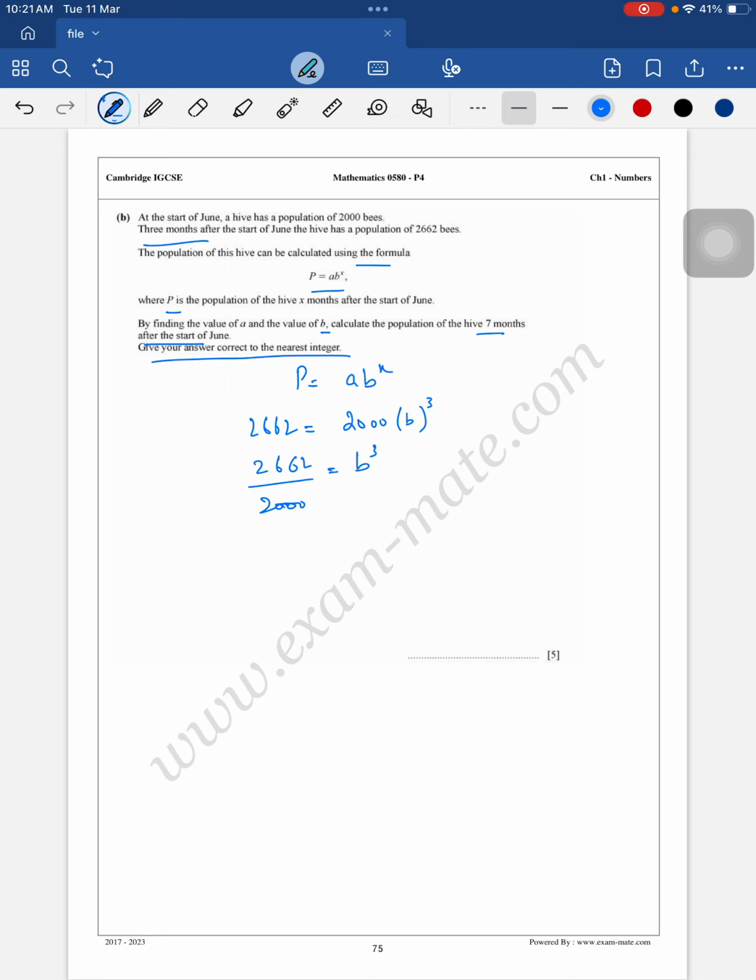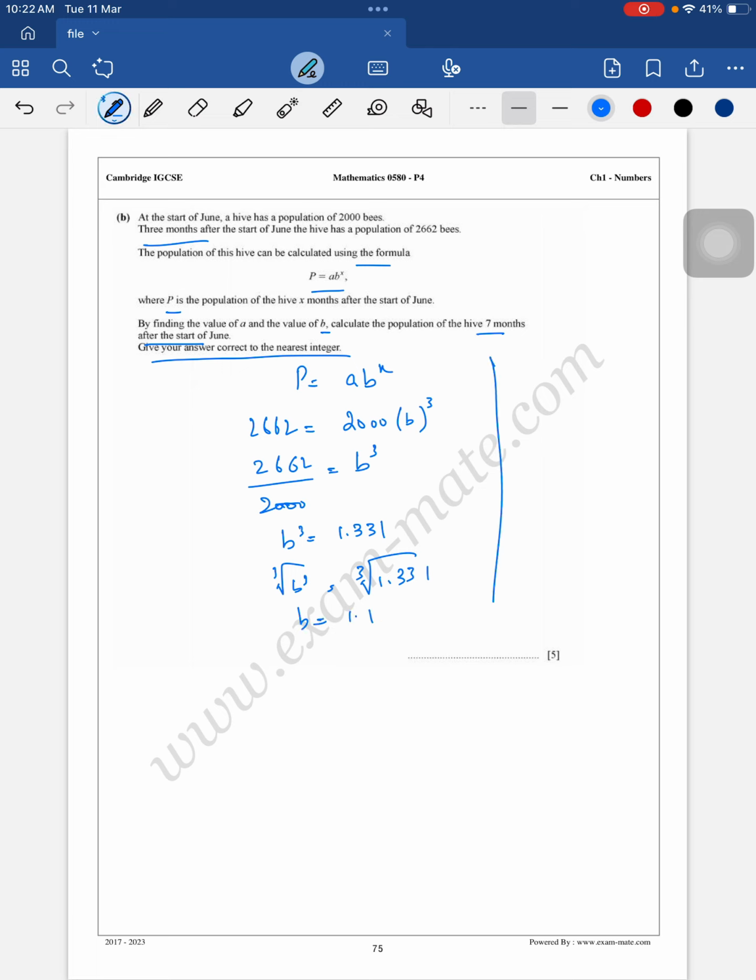So 2662 upon 2000, right, is equals to 1.331. B cube is equals to 1.331. So applying cube root at this, right? So cube root of 1.331 is 1.1. So B is equals to 1.1.